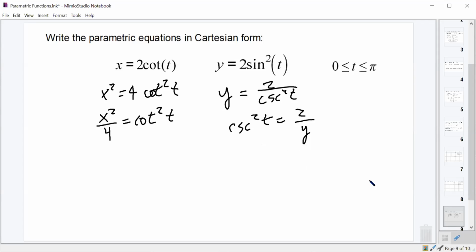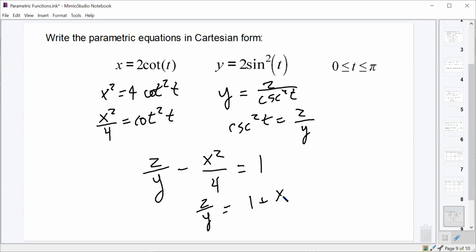So you said that cosecant squared minus cotangent squared is equal to 1. Yeah. So you said 2 over y minus x squared over 4 is equal to 1. Yeah. And can we solve that for y? Should be able to, right? We got 2 over y is equal to 1 plus x squared over 4.